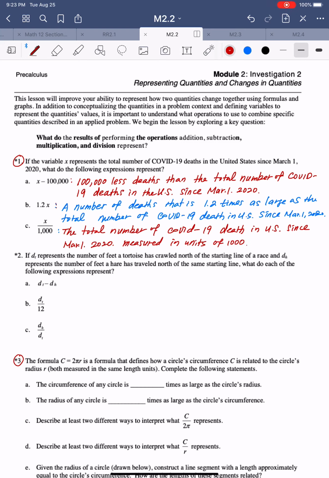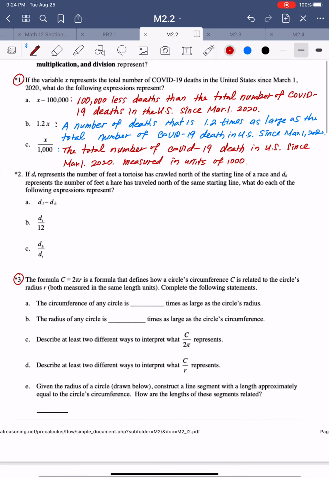If you make 1,000 as one group, how many groups do you think we're going to get? Or you can also say how many times as large the total number of COVID-19 deaths in the United States is than 1,000. Okay, so that's the meaning of the expression.